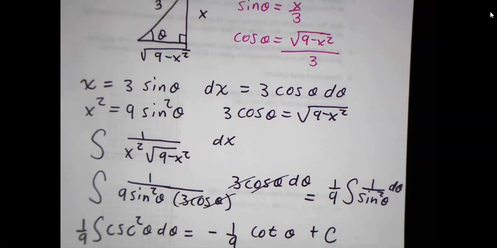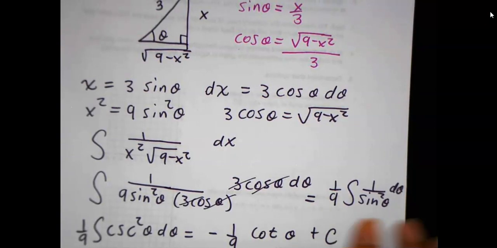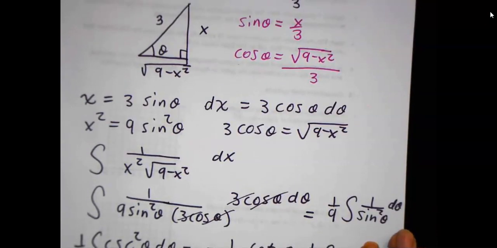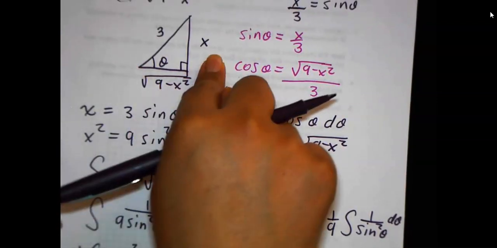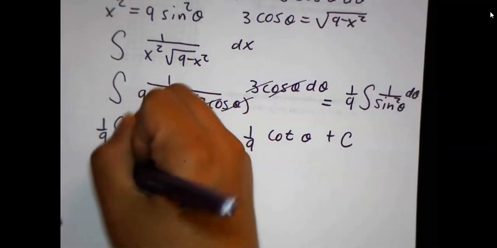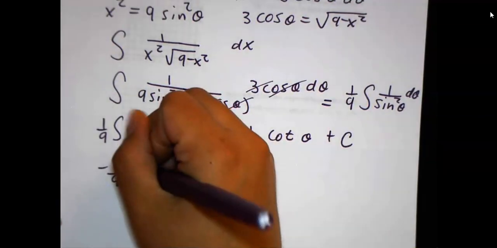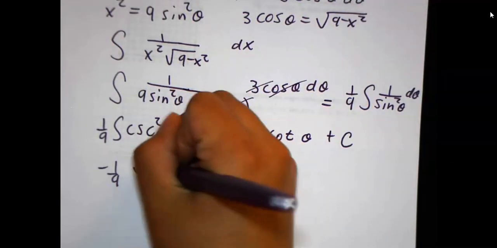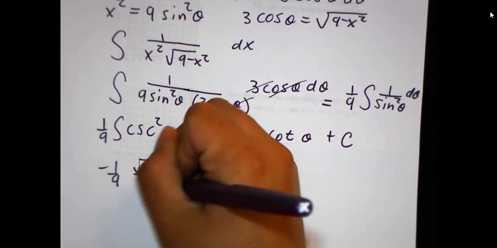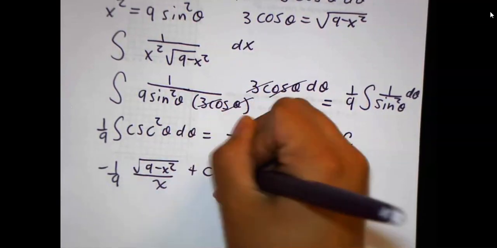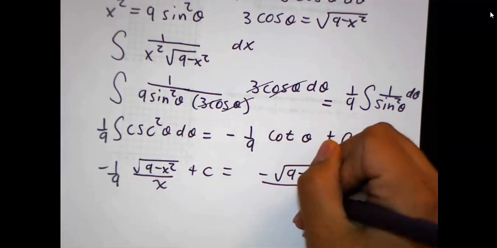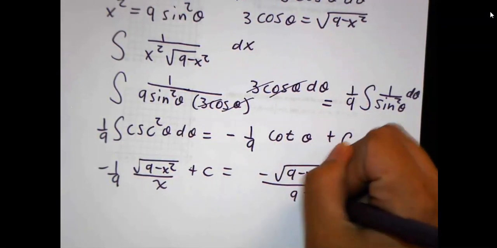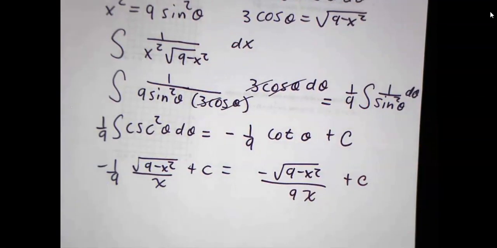Tangent is opposite over adjacent, so cotangent is going to be adjacent over opposite. So it's going to be negative 1/9 times adjacent over opposite. Finally, the square root of 9 minus x squared over x, so negative the square root of 9 minus x squared over 9x plus c.